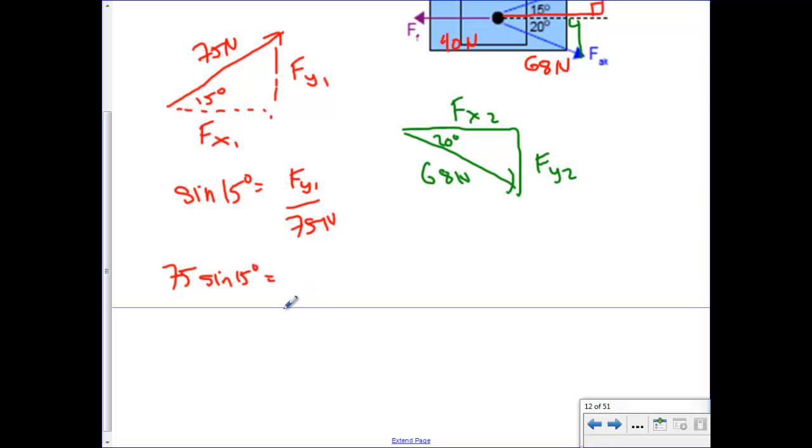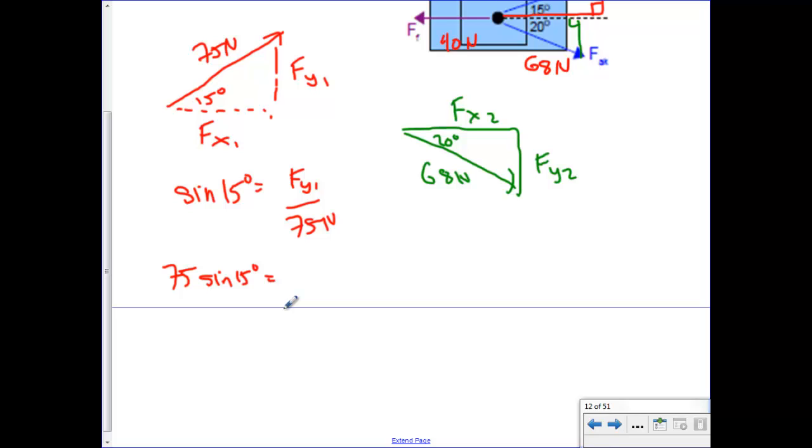Is your calculator nearby? Grab that. I got 8.965. What'd you get, Nicole? 2.9658. Are you in radians by chance? Oh, never mind, I said decimal. I got 19.4.